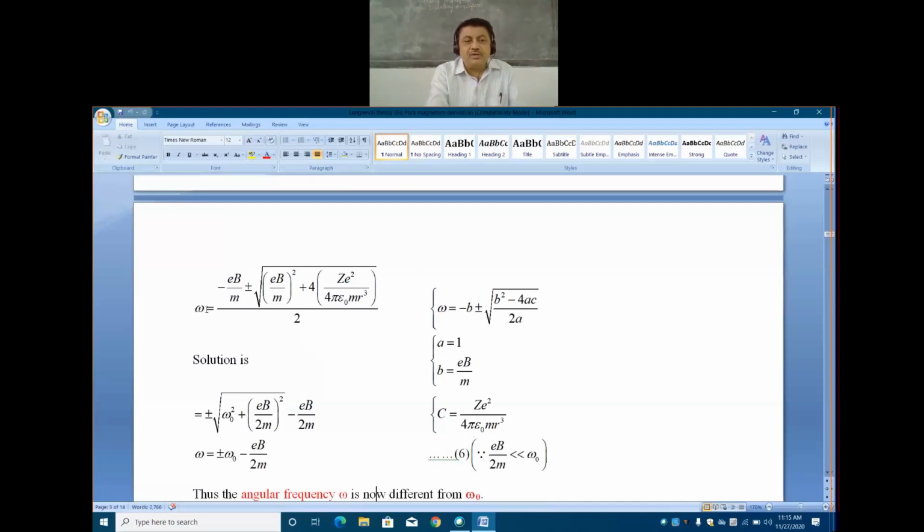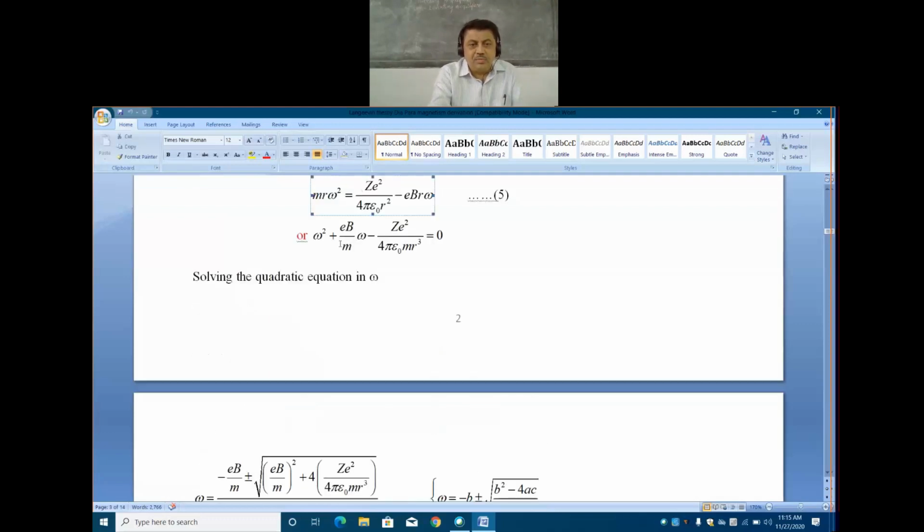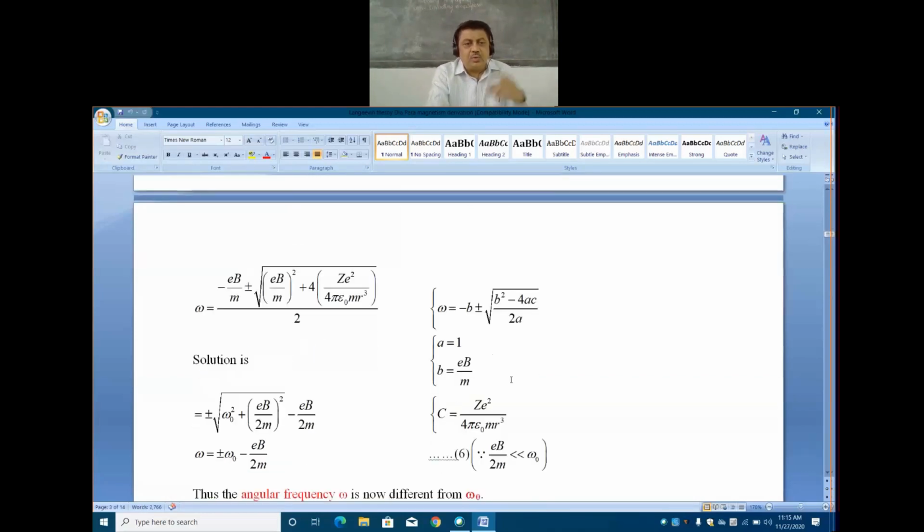When you compare, a is equal to 1, b is eB by m, the coefficient of omega, and c is Ze square by 4 pi epsilon naught m r cube. So we get omega equal to minus eB by m plus minus the square root of b square minus 4ac.